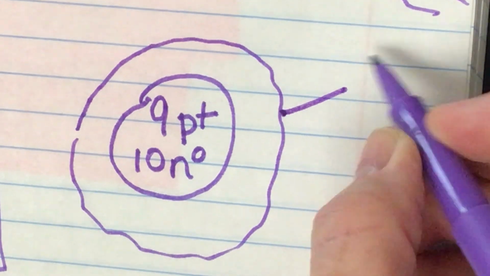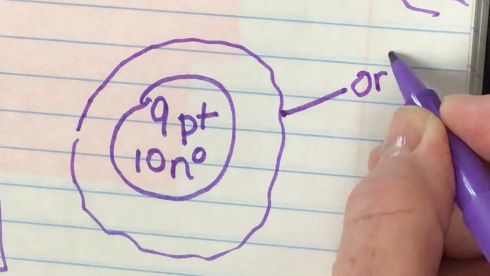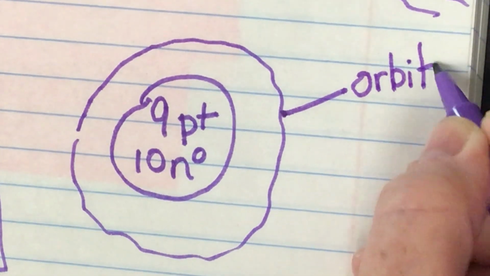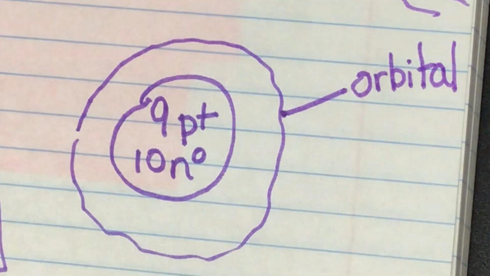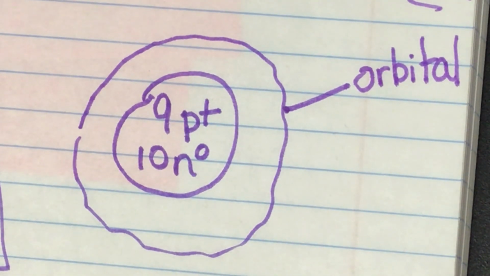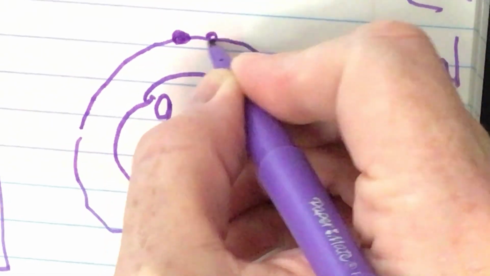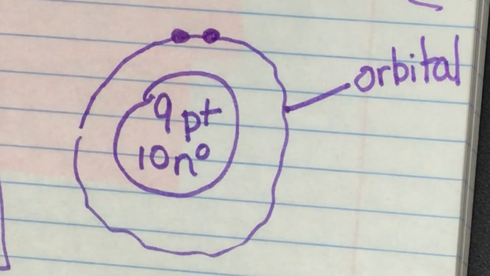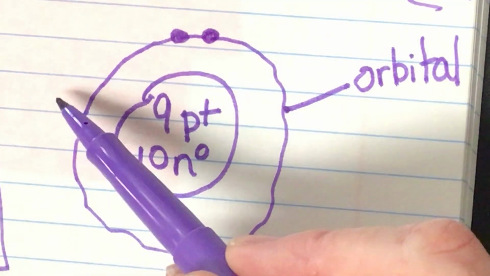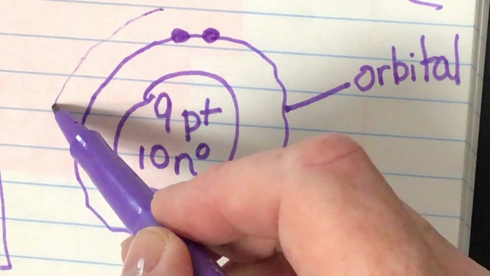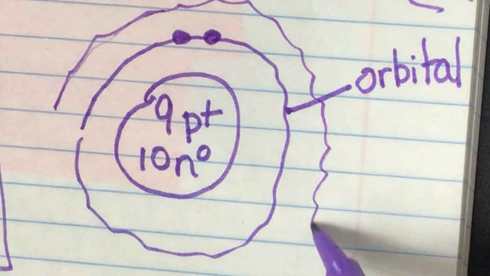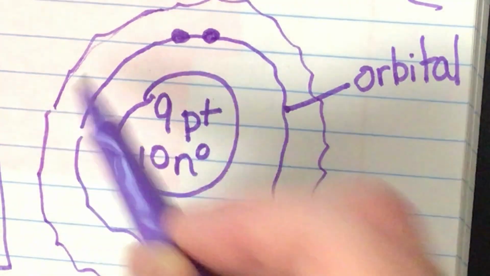So that's the first orbital. Do y'all remember how many electrons fit in that first one? Nice. Okay, we have 2. Okay, we can't squeeze any more in. We've got 2 and we need 7 more. So we'll draw another orbital. You can make it squiggly, so if it's not perfect, no biggie.